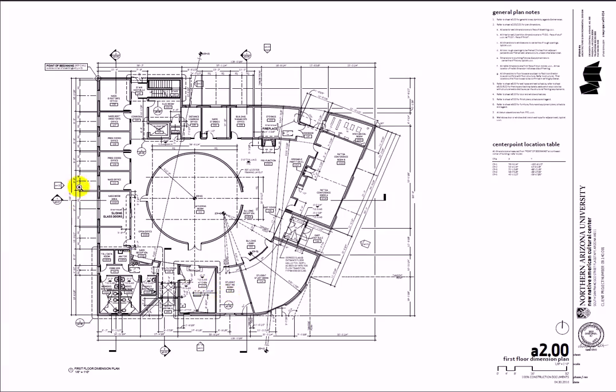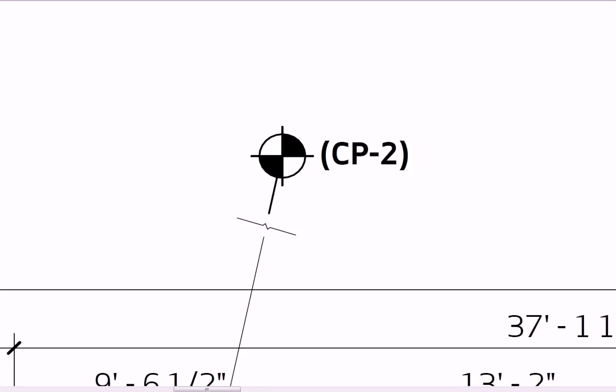I see a few things here. I see all these dimensions. I see this point of beginning. So basically this is the reference point for the whole building. Everything's referenced to that point. The circles here, the circle in the middle, and these curved walls are identified by center points right here. So you can see this one right here, control point number 2.